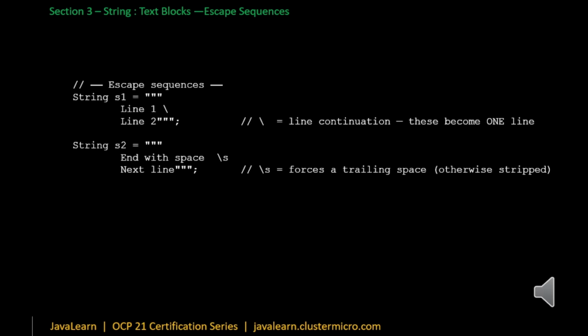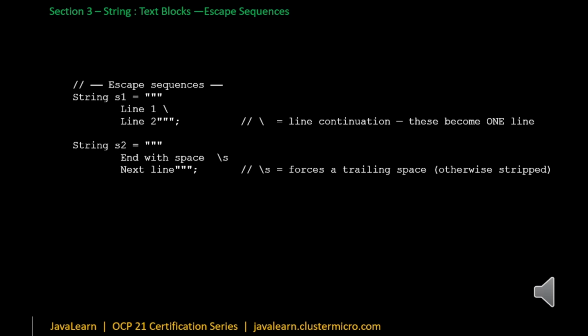The line continuation escape suppresses the new line. It tells Java to not include the new line that follows this line, and to treat the next physical line as a continuation of this one. So line 1, then backslash, followed by a new line, and then line 2 produces a single logical line in the string: line 1, then space, then line 2. The two physical lines become one logical line. The new line between them is gone.